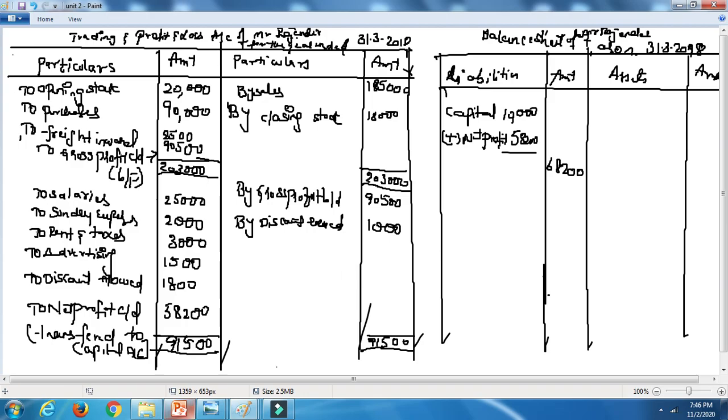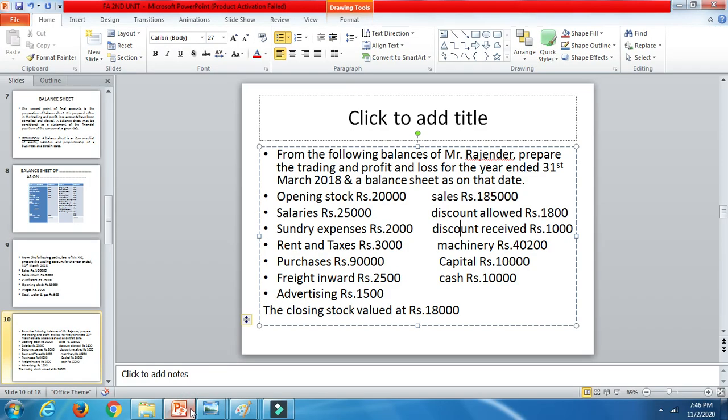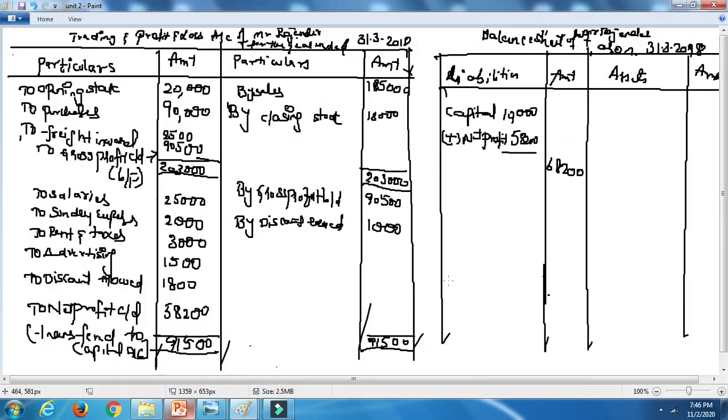Okay, now we are going to take the asset side items. What all the items are on the asset side? Machinery, cash, and closing stock. As I said, closing stock will come twice. Closing stock, once it will come in the trading account on the credit side, and the other on the asset side of the balance sheet. Why will it come twice?